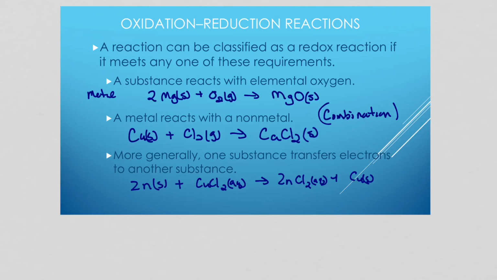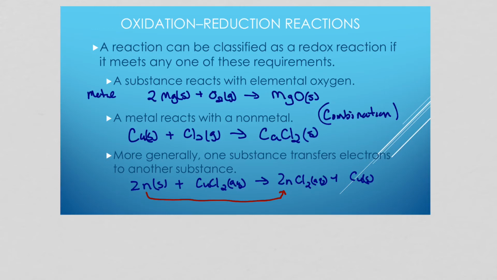ions, right? So here we have zinc metal turning into zinc ions as part of this ionic compound, zinc 2+ ions. We have copper ions as part of this ionic compound, copper chloride, that are turning into a metal, right?